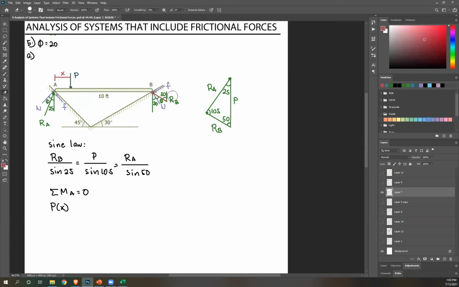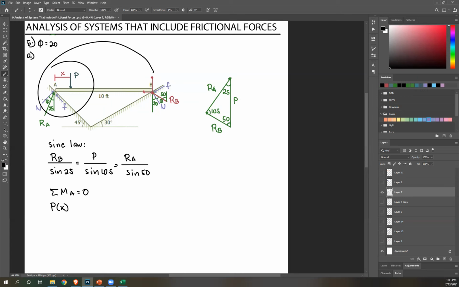Again, this is RB. Components are these. The horizontal component of RB passes through A, so I can ignore that. So now what I need is the vertical component.